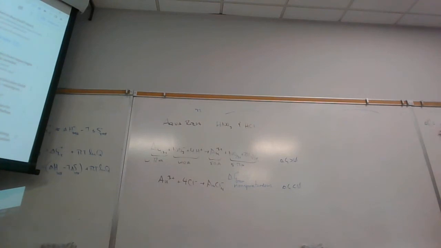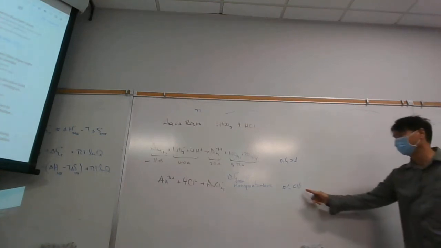Under standard conditions, delta G is equal to minus RT ln K. And so if K is very large, then ln K is big, and that makes delta G more negative. So things with a large K are going to be negative.